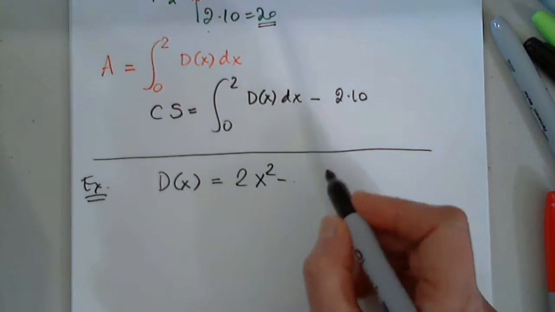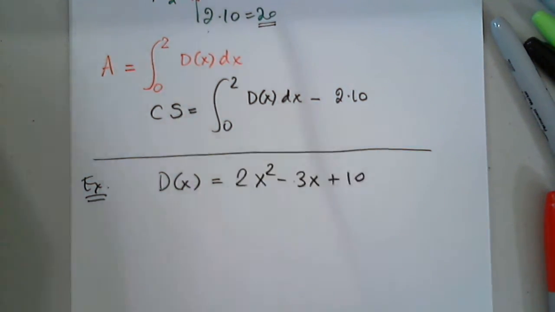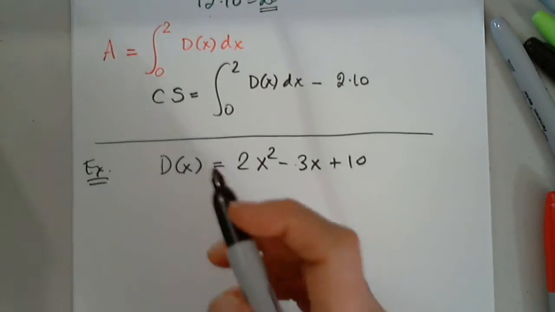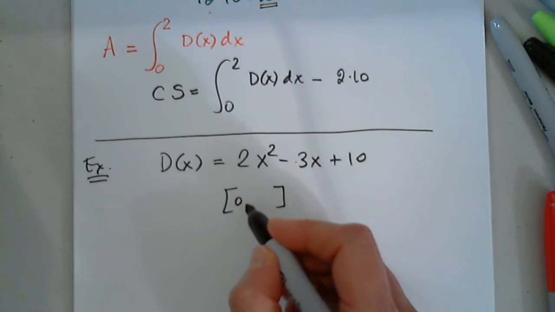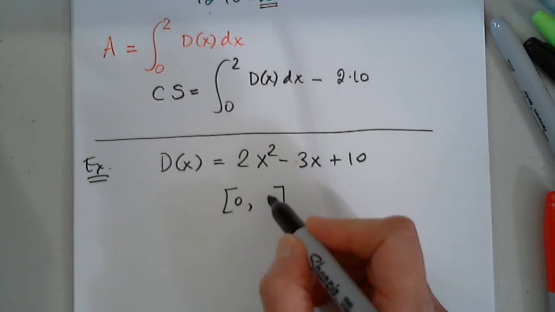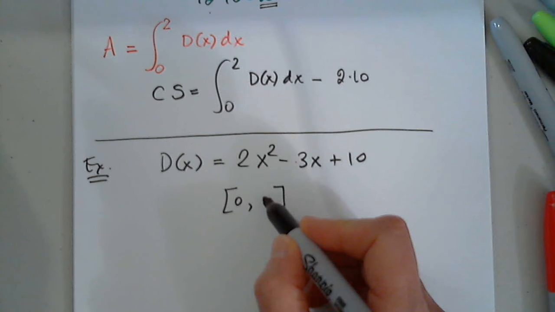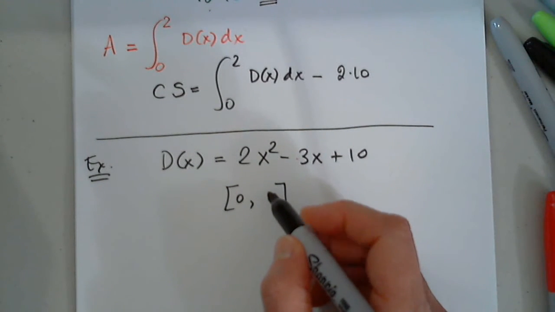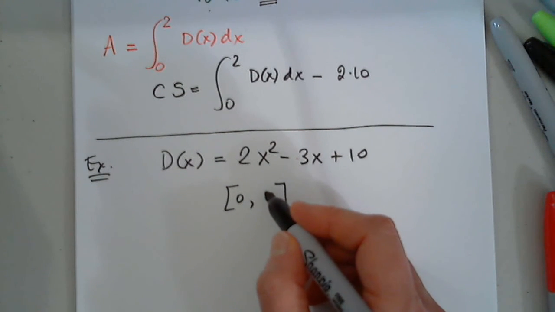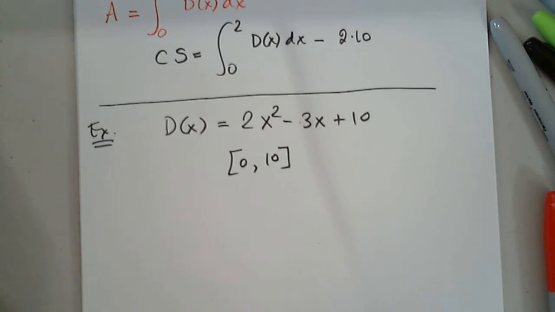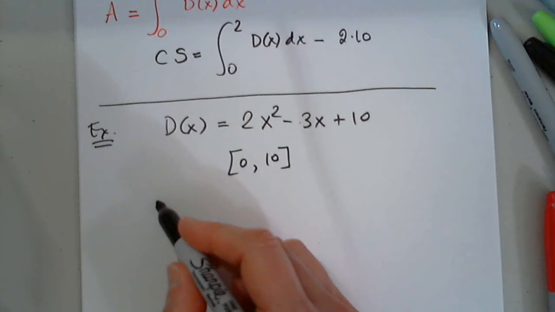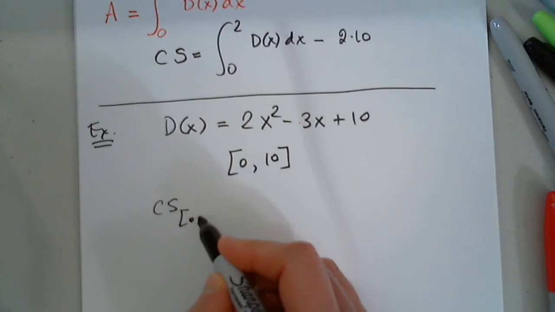Okay, 2x squared minus 3x plus 10. Okay, so let's say the interval is between 0 and, anyone? 10 is good. So we are trying to determine the consumer surplus on the interval 0 to 10.